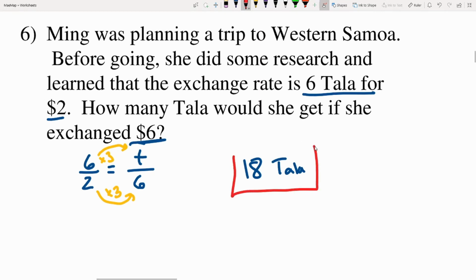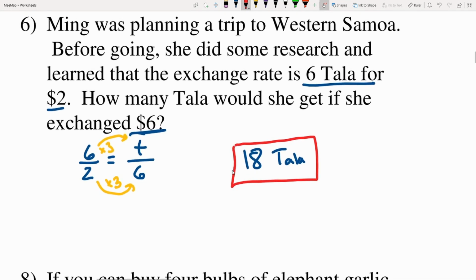Now, as I mentioned previously, there's more than one way to set up a proportion. The other way we can do it is by keeping the tala in the same fraction and the dollars within the same fraction. We just have to make sure that those that are linked together remain in the same place. So because it's 6 tala for $2, I can write 6 tala and $2.